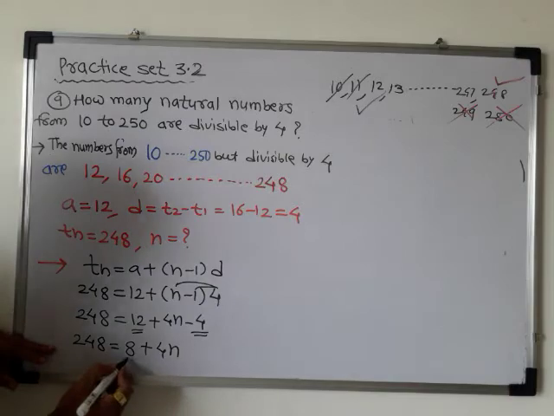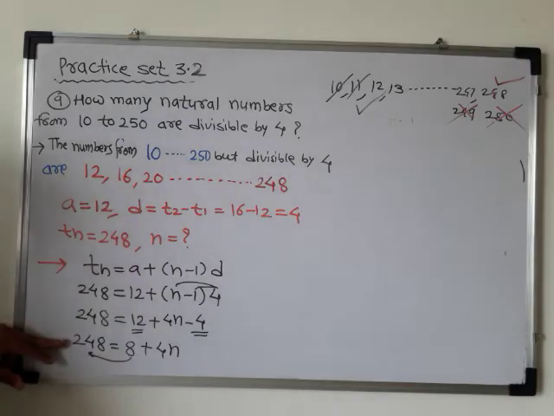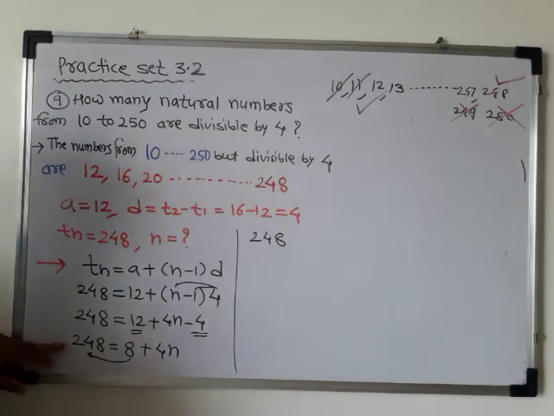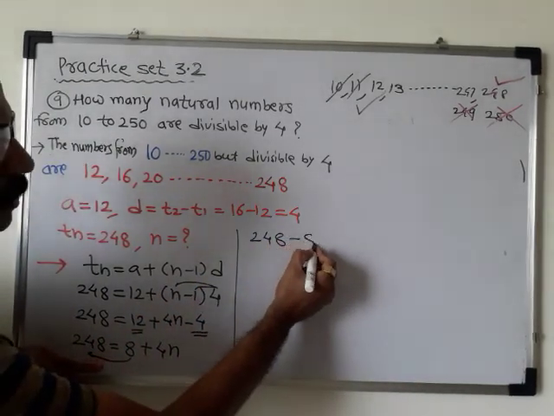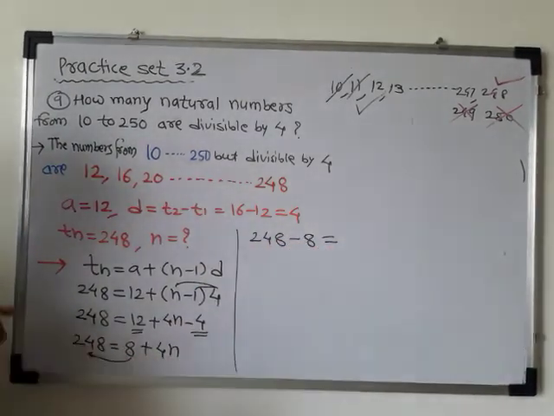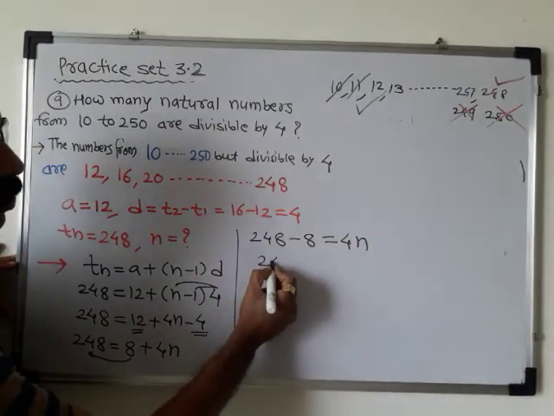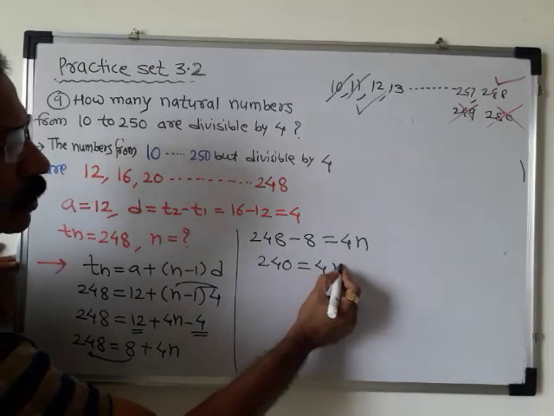Now take like terms, means constant at one side, that is 248 minus 8 is equal to 4n. 248 minus 8 gives you 240 is equal to 4n.